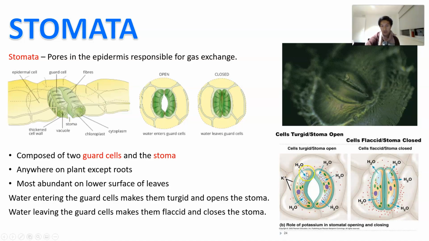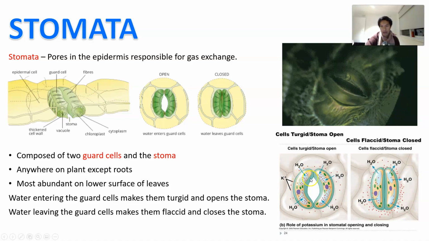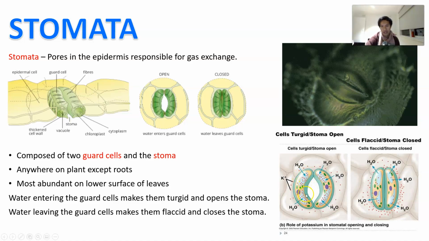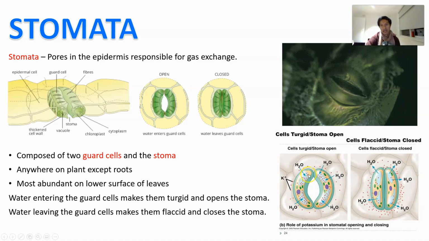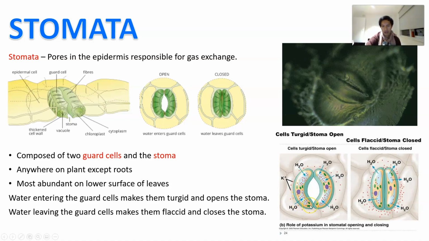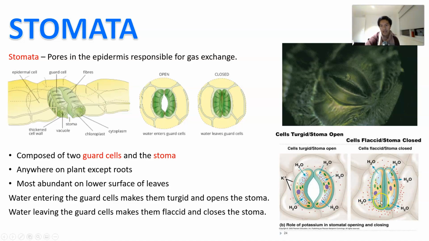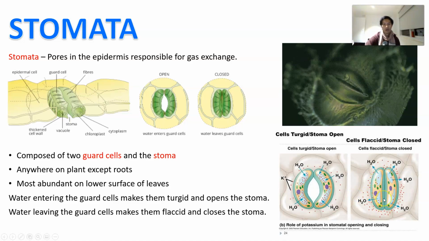Now, the thing about the structure of these guard cells is that the cell wall lining on this side is much thicker than on this side, allowing the cell to bend much like a coffee bean rather than just inflate normally the way that a turgid cell would. Okay, and then obviously when the water leaves, it shrinks because it's lost a lot of osmotic pressure, and then it becomes flaccid, closing that particular stoma opening.